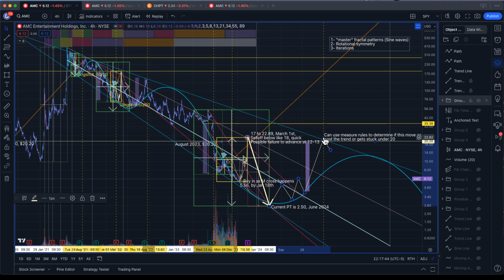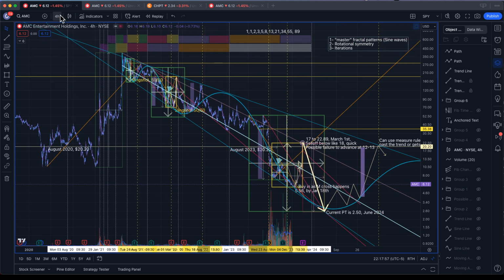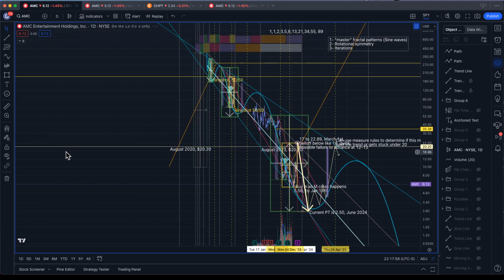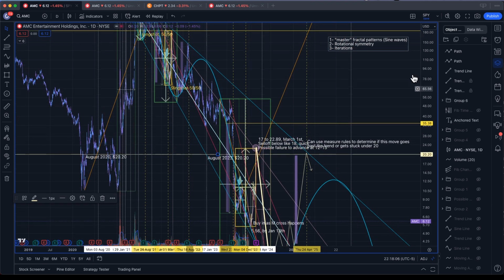And then you'd end up being up the high by 2025 back to $20.20. And this is where I think there's going to be some controversy. But I noted that in August of 2020, we were at $20.20. This is the marker right here, this $20.20.